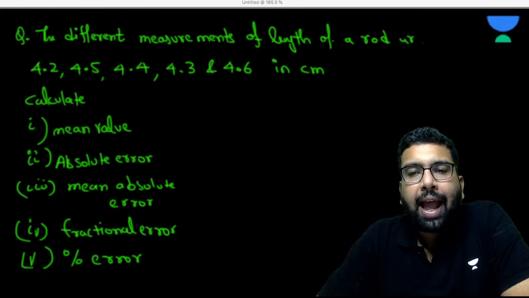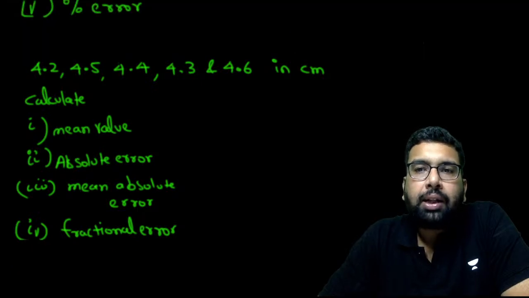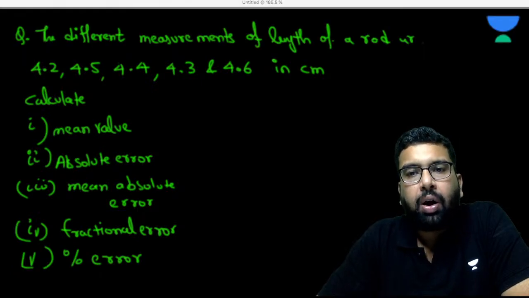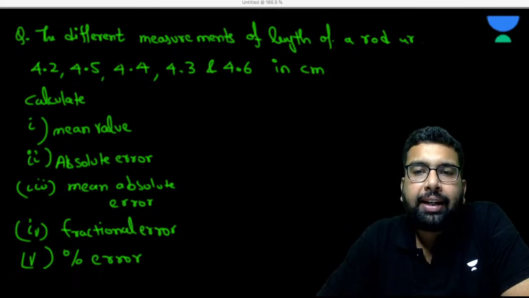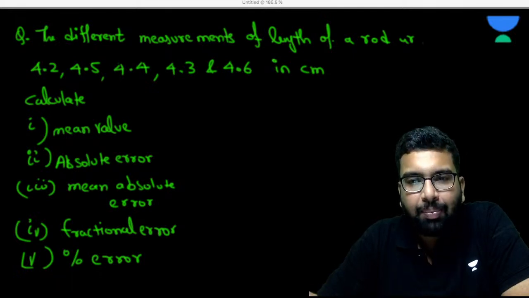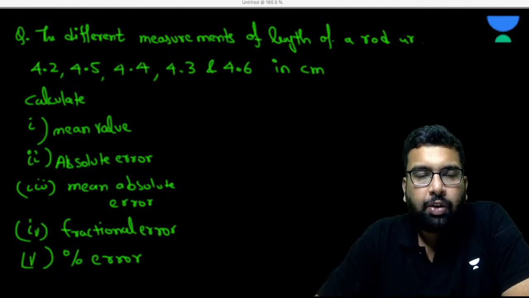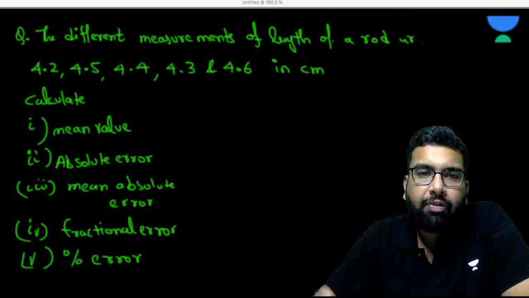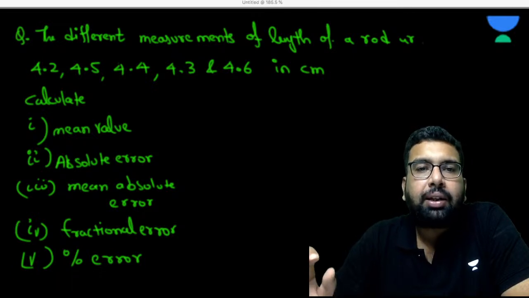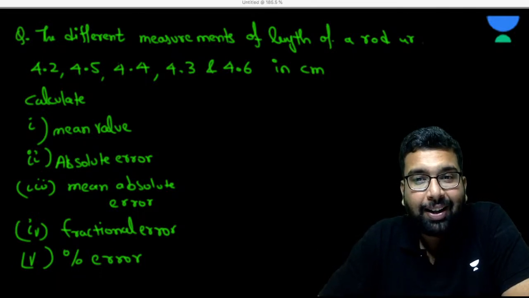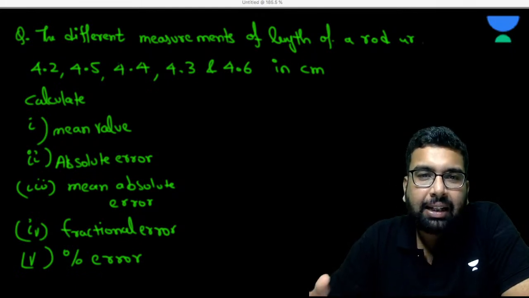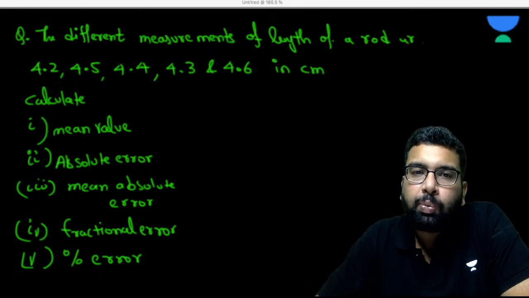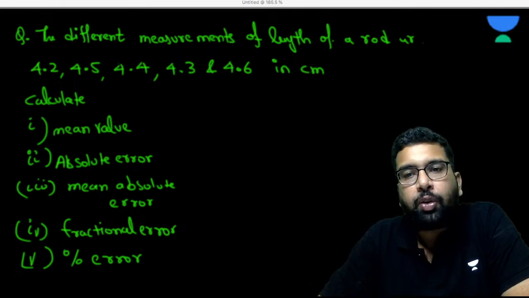Someone has tried to measure the length of the rod, and in order to approach the true value of the length, he or she must have taken multiple measurements. So he or she might be getting these values 4.2, 4.5, 4.4, 4.3 and 4.6.